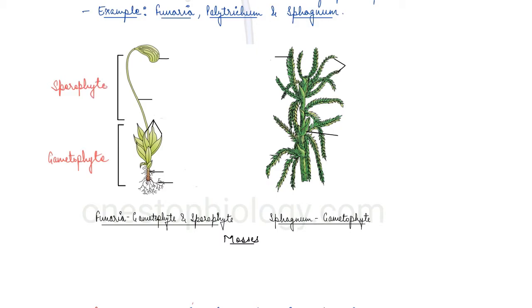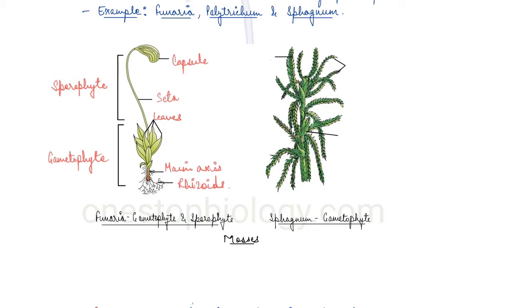Here you can see that you have foot, seta, capsule, right? So this is seta, this is capsule. And in the gametophyte, there are upright leaves, then there is a main axis and rhizoids. The rhizoids are the parts along with the main axis which function as roots for them and attach them to the substrate or substratum.